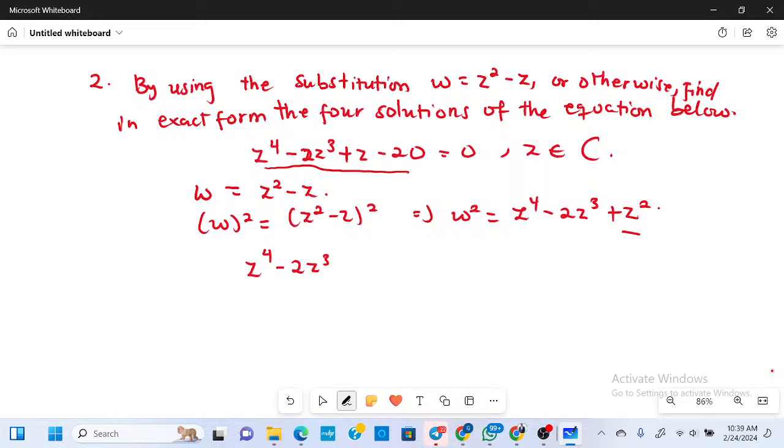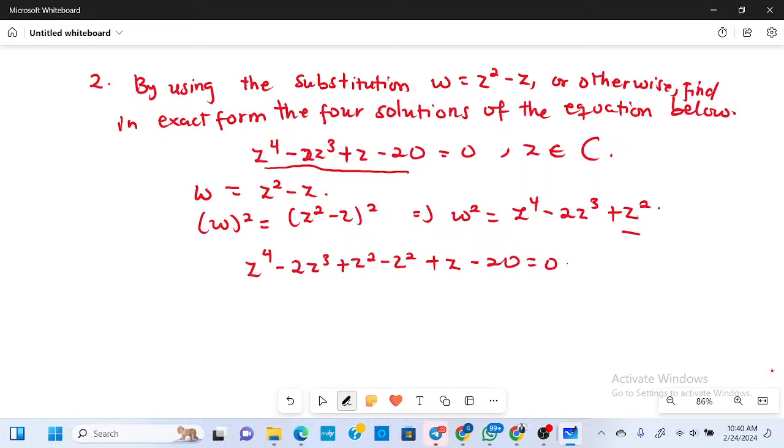So it didn't appear. But we can bring plus Z squared minus Z squared, which is also 0, but will help us introduce the W squared into our equation. So we just introduce Z squared minus Z squared, which is 0, then plus Z minus 20 is equal to 0.